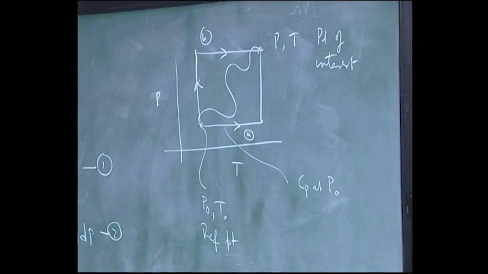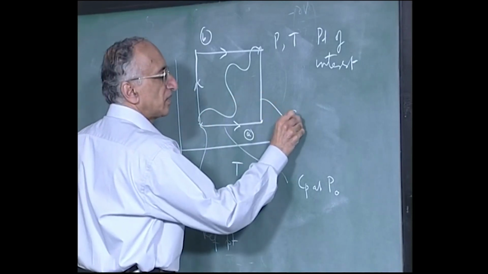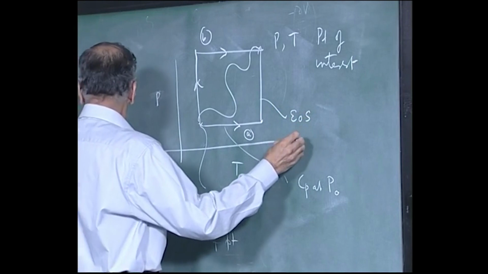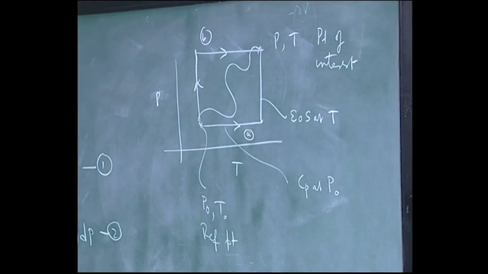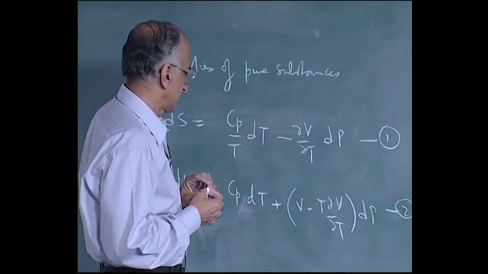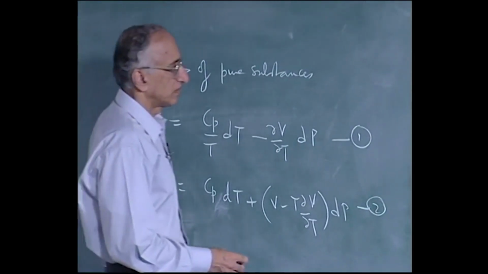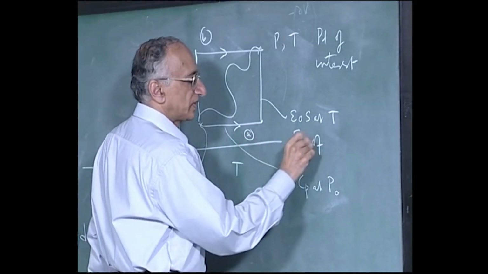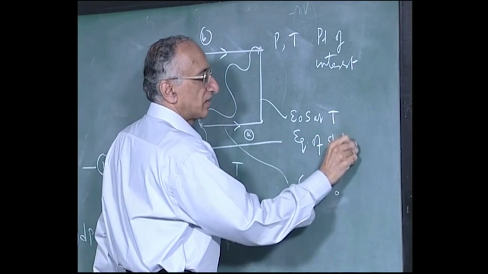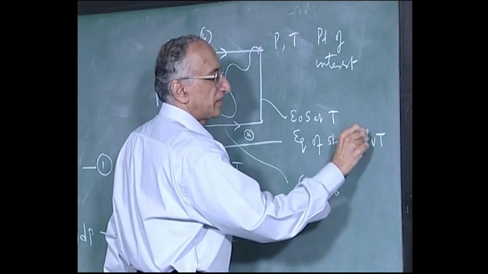I need PVT information here, I will call it equation of state at T. By equation of state I mean measurements of P, V and T and automatically all their derivatives. This means equation of state or PVT.